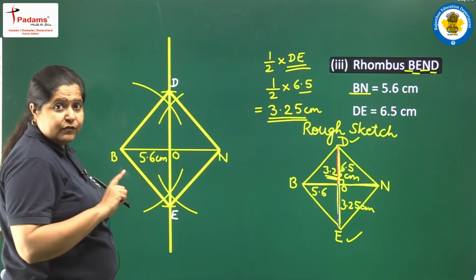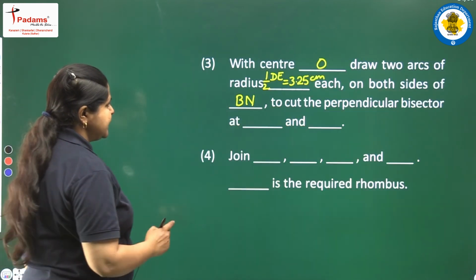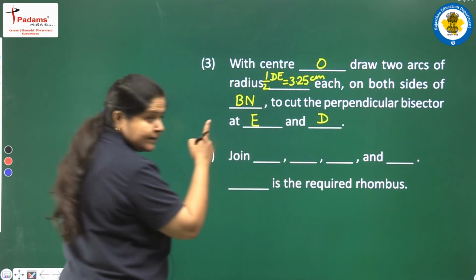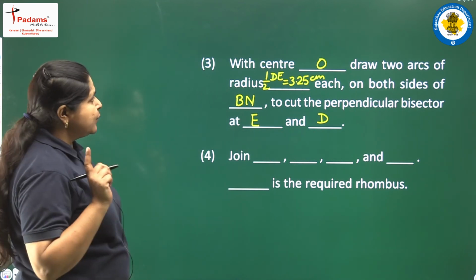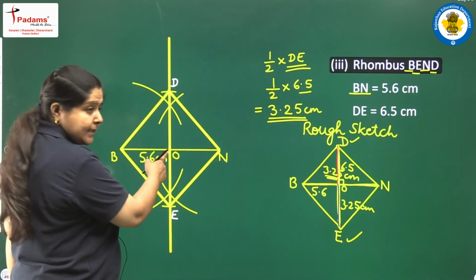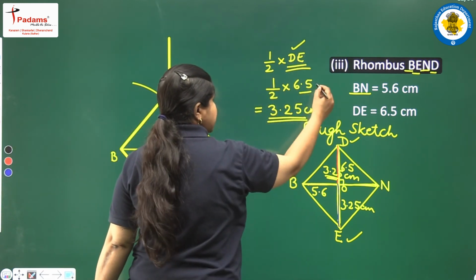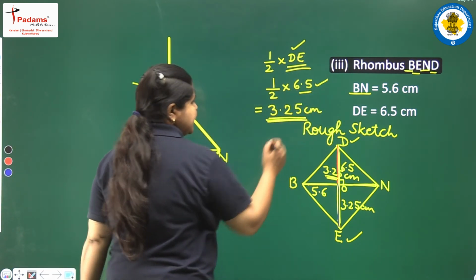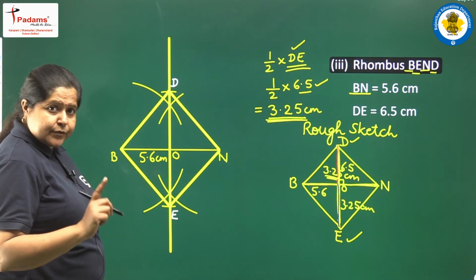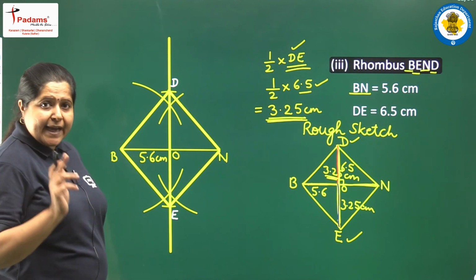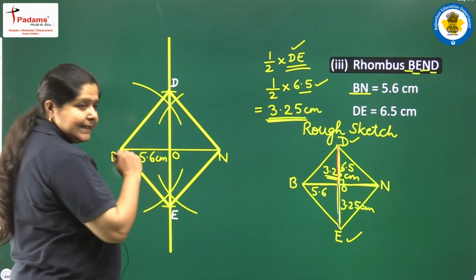E and D, the white ones here. So we write it here at E and D. Once again pay attention to this one. With center O and radius half of DE, that is half of 6.5, which is equal to 3.25, draw 2 arcs which intersect the perpendicular bisector at points D and E.